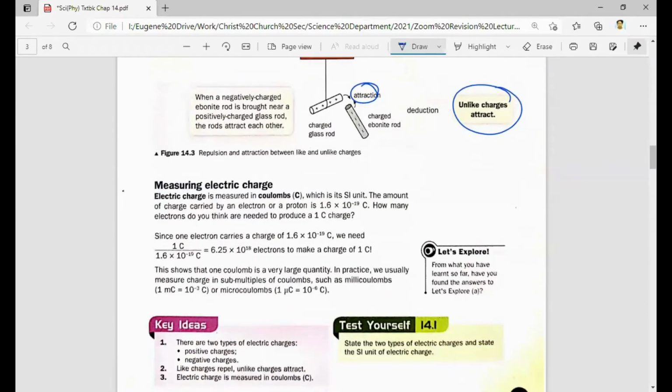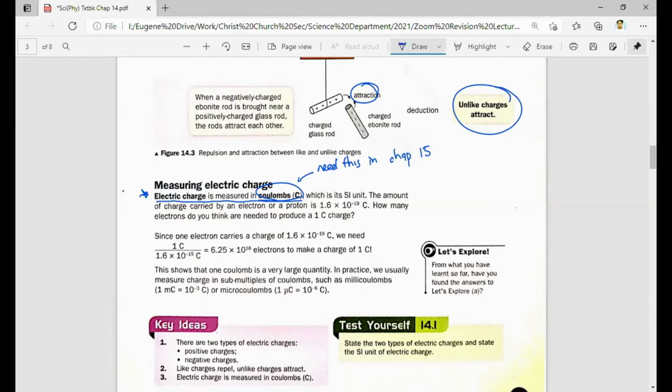Now, the third part we're going to have is about measuring electric charge. Charges are measured in coulombs. This is actually the key idea I need you to remember. Electric charge is measured in coulomb. Why is this important? Because you're going to need this in chapter 15. In chapter 15, you're going to be toying with the idea of charges.